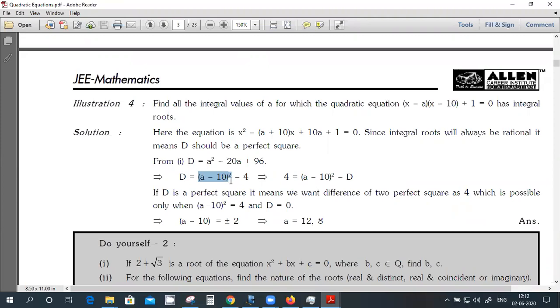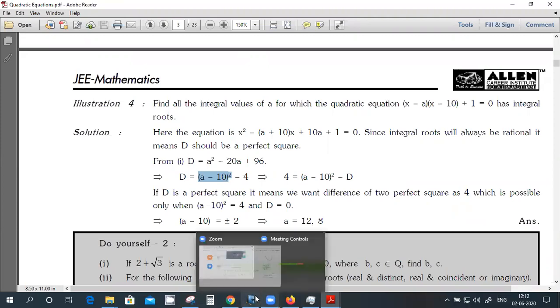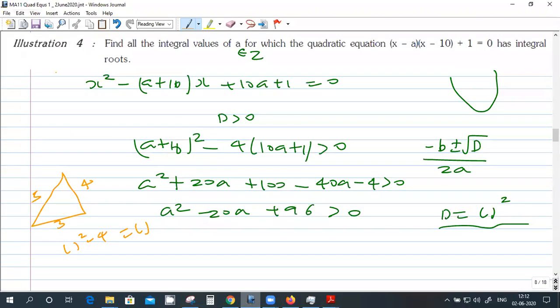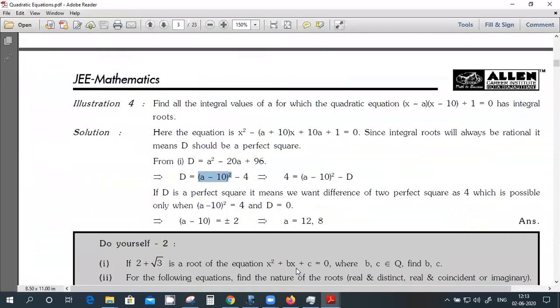It's not 4. How to get it from 2? How to form a right angle triangle with 2 as one of the sides and D as the other side?